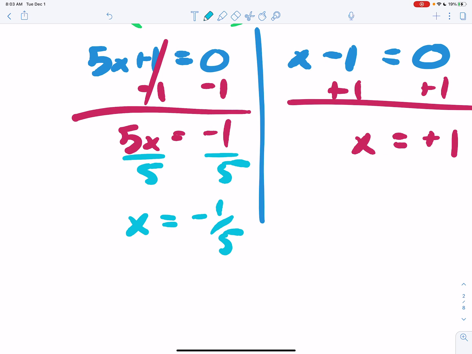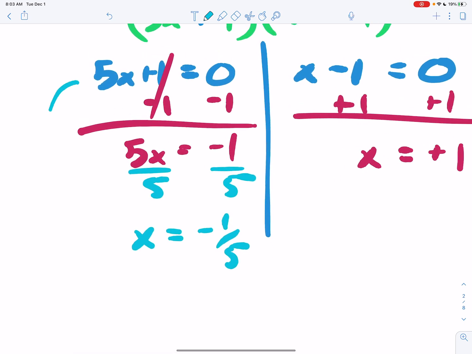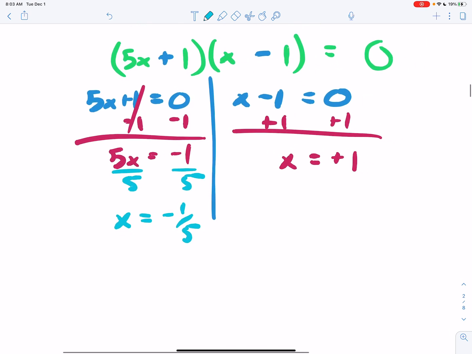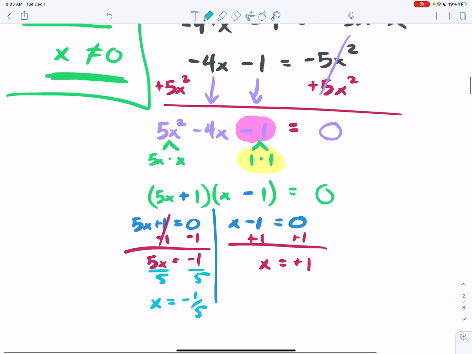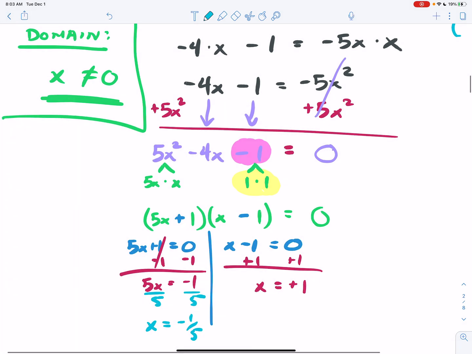So x comes out to negative 1/5. If you guys do this enough, you'll be able to see what the 0 comes out to just by patterns, okay? But until then, show your work until you see a pattern, okay? So we have 2 answers here, but before I box it, I want to make sure that it doesn't conflict with my restriction. Over here it says x can't be 0.